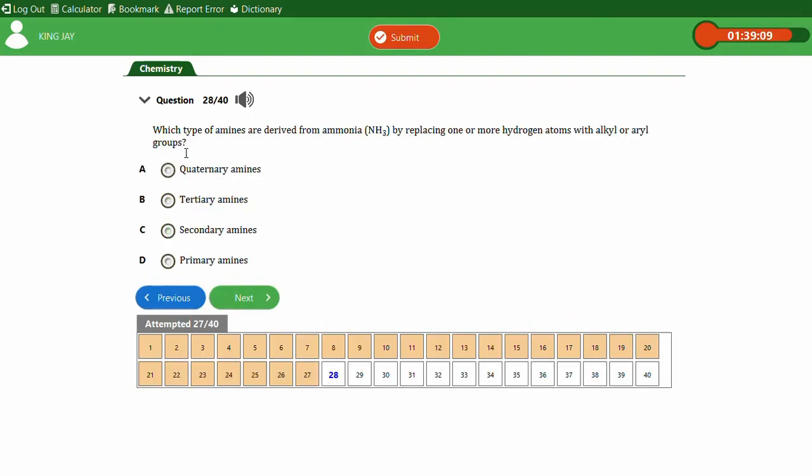Next question: which type of amine is derived from ammonia, NH3, by replacing one or more hydrogen atoms with alkyl or aryl groups? A. Quaternary amines. B. Tertiary amines. C. Secondary amines. D. Primary amines. Primary amines.